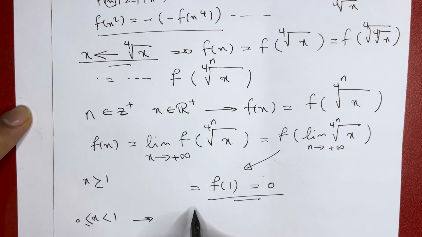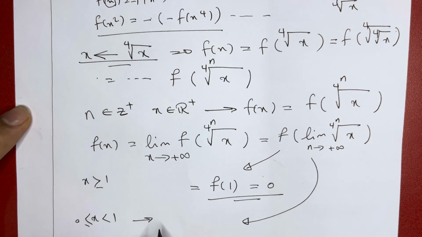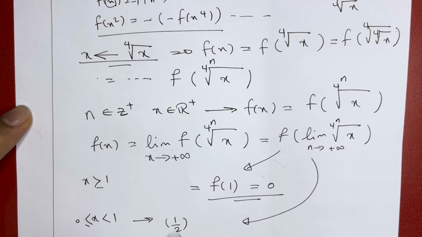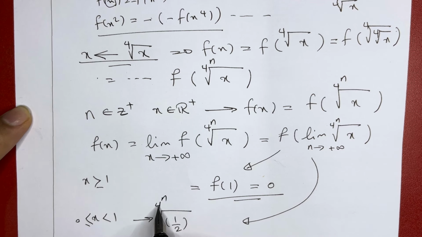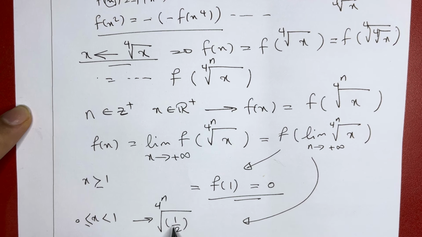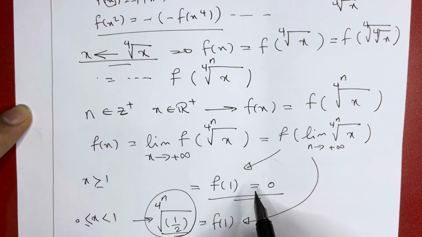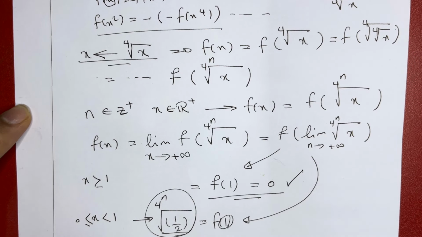Imagine, for example, the 4 to the power of nth root of one half. You take several of these values, and it's again going to be equal to f of 1. So the limit is the same as here. As n goes to infinity, that will be equal to 1. So in this case also we will have f of 1 equal to 0.